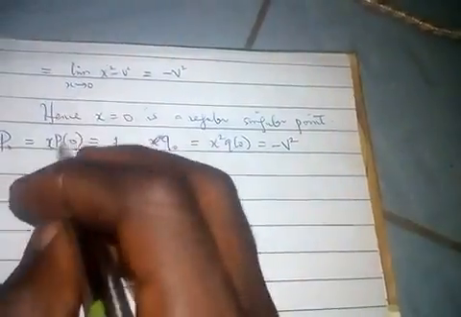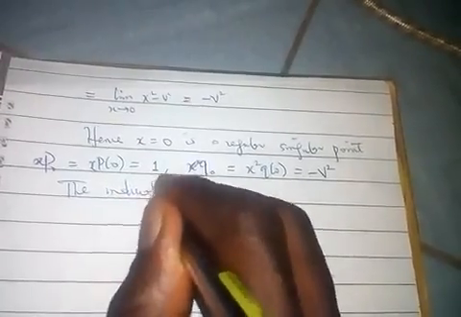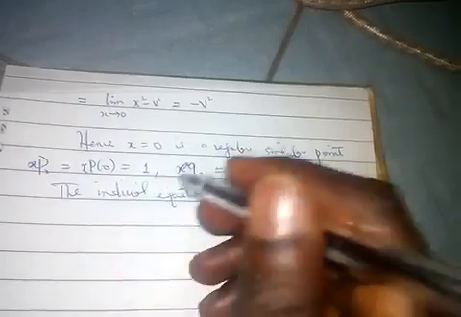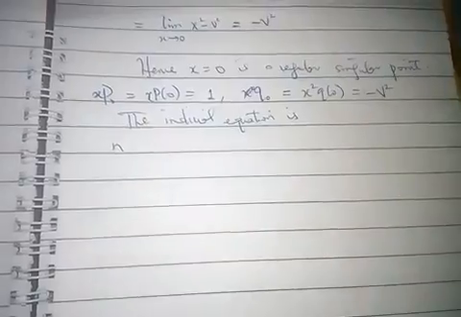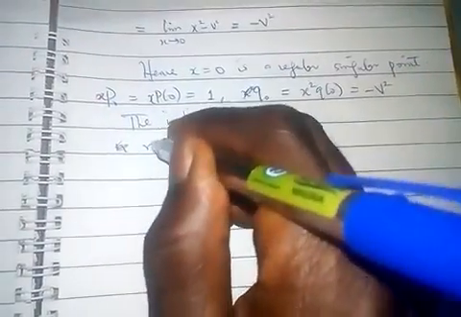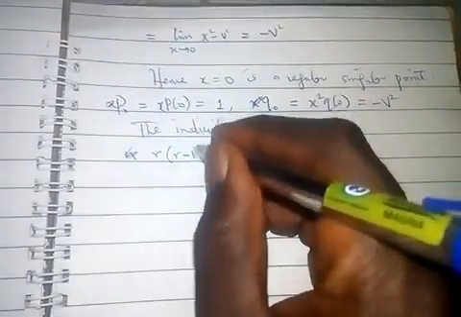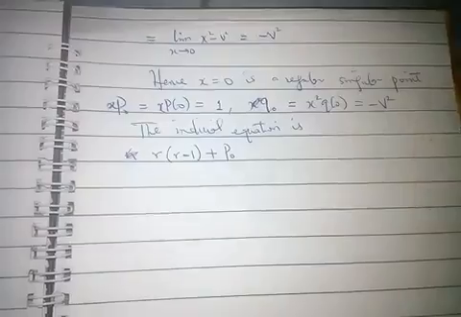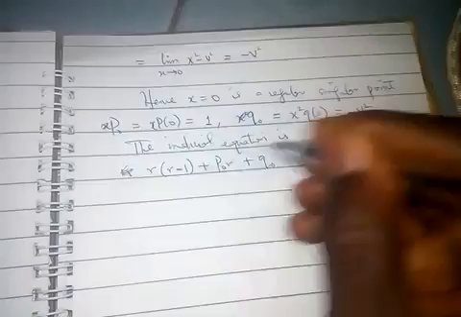Now let's get the indicial equation. The indicial equation is r into r minus 1 plus p naught r plus q naught equal to 0.